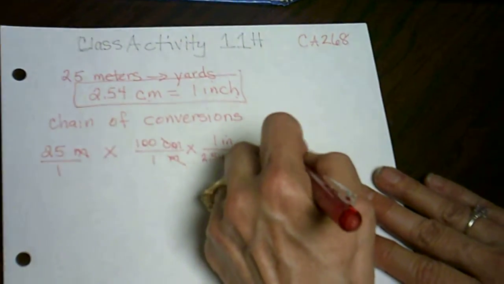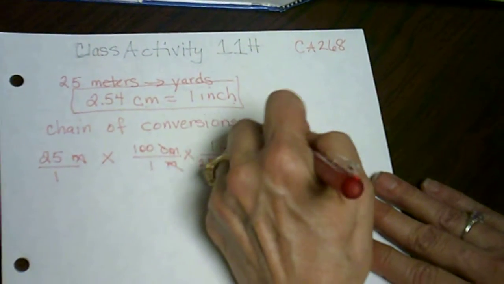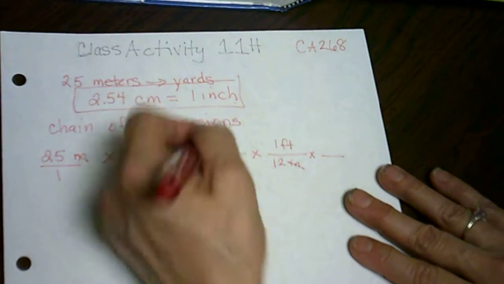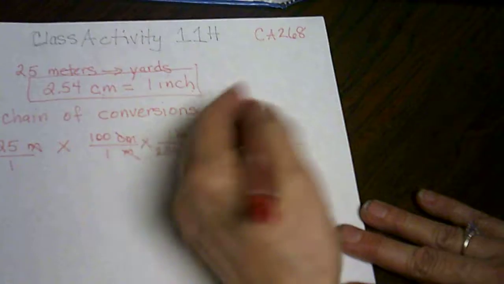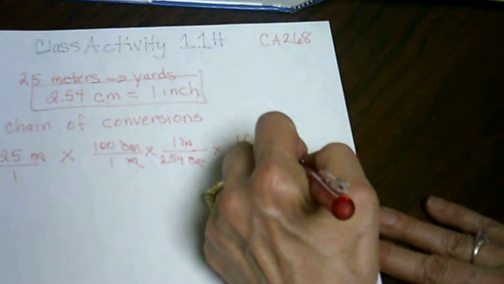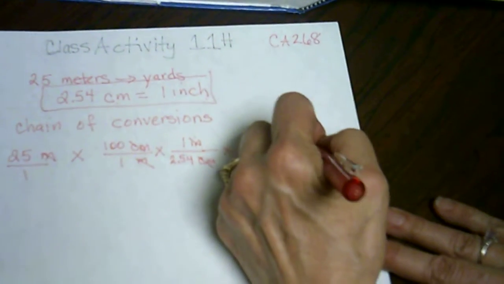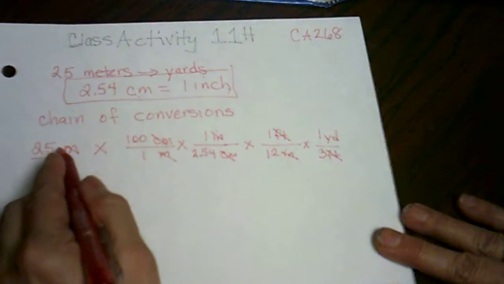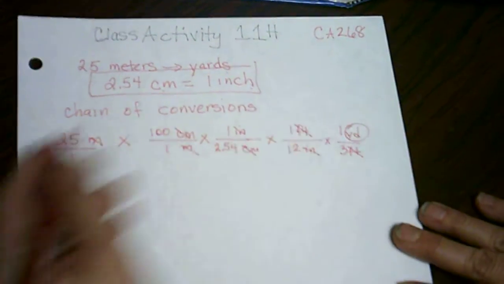I know that there are 12 inches in 1 foot. Again, cross out my inches here. And then finally, I want to go to yards, so I know there's 3 feet in 1 yard, and I can cross out feet. Notice all my units are gone except for yards.